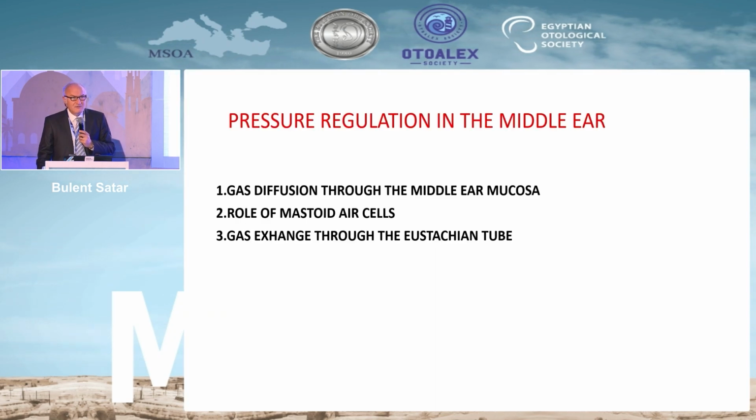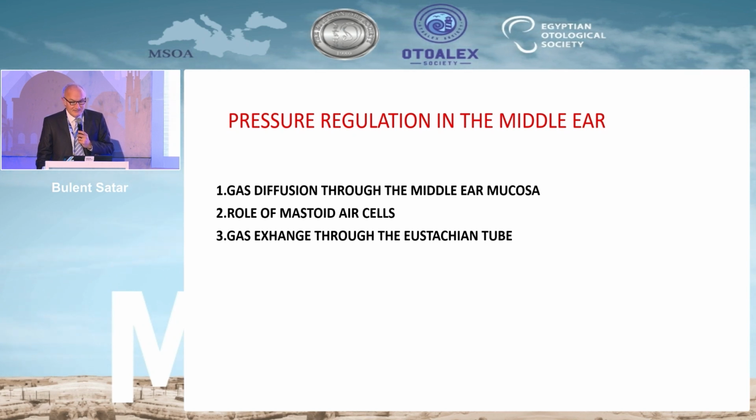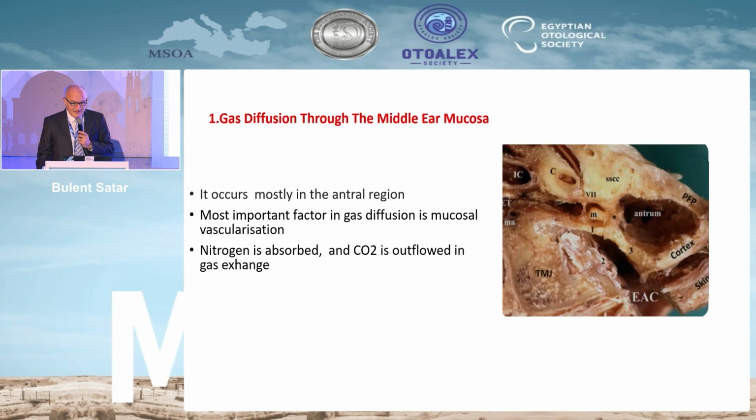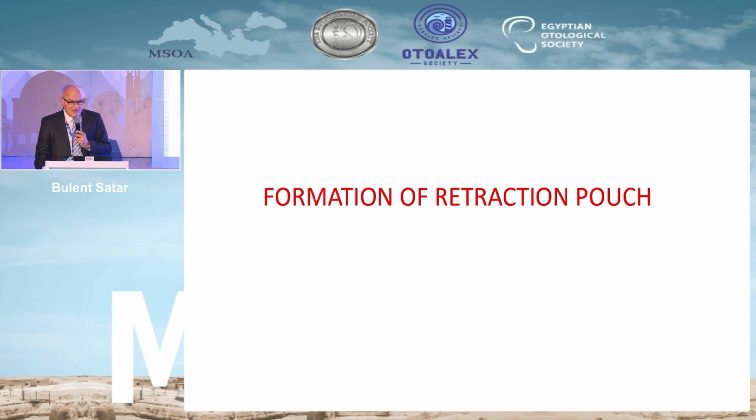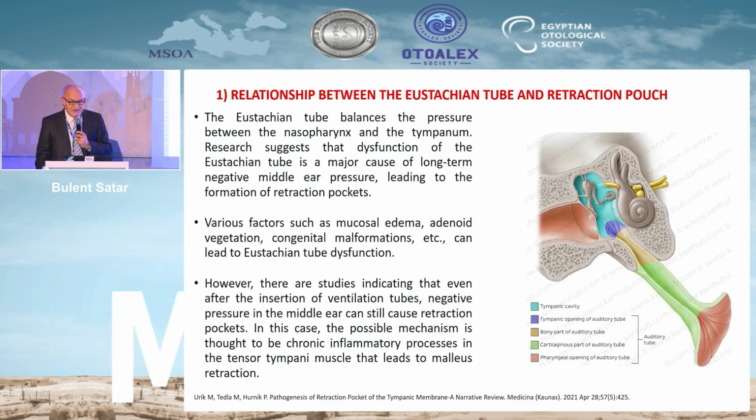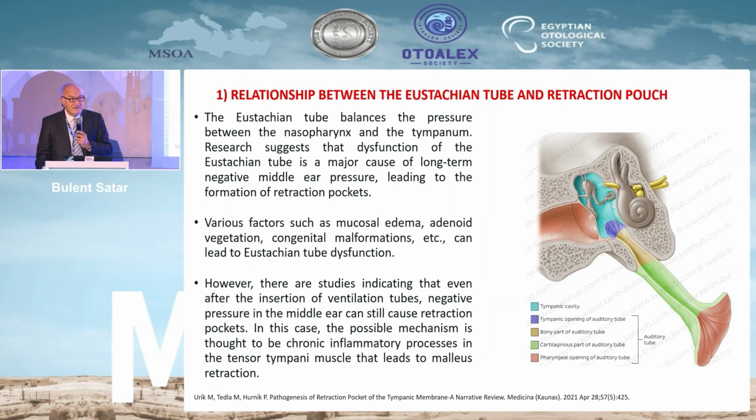When we talk about the retraction pocket, actually we have to talk about the pressure regulation in the middle ear. But I will skip some of the theoretical issues. Formation of the retraction pocket is associated with chronic dysfunction of the Eustachian tube.